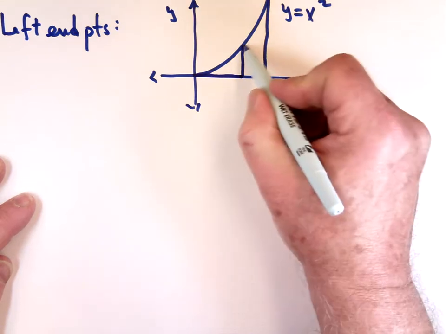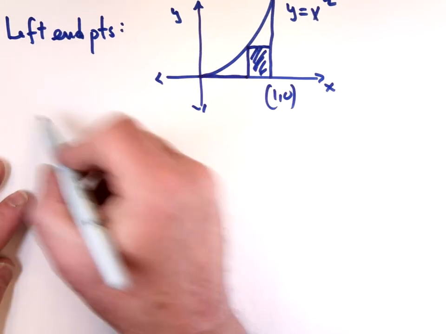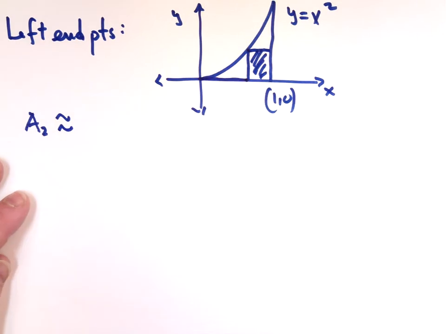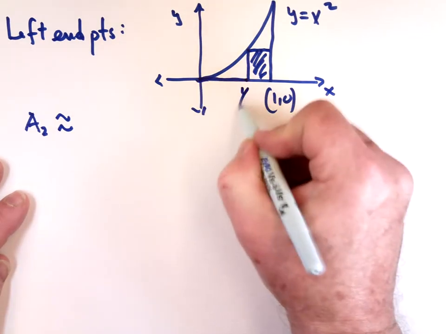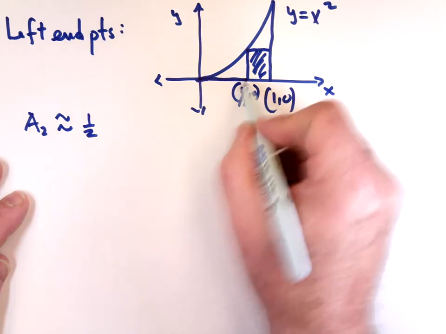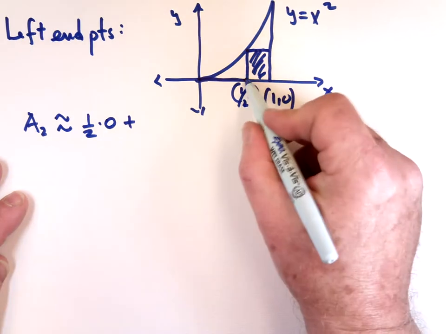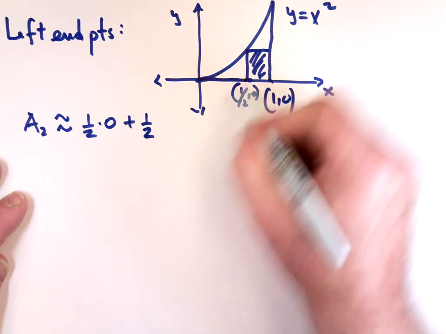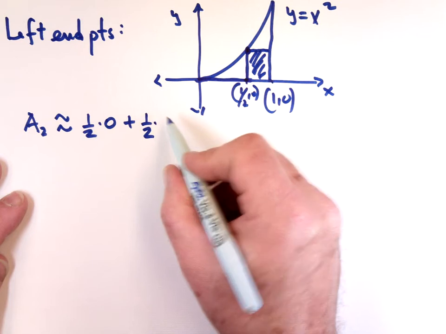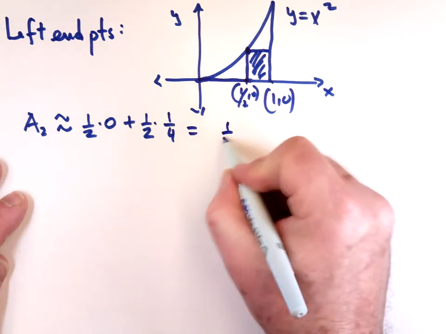So the area of these two left endpoint rectangles is approximately equal to this width of 1/2 times the first height of 0 plus second one, its width is 1/2, and this height, using the left endpoint, is equal to the value of the function at 1/2. We already know that's 1/4. So that's equal to 1/2 times 0 plus 1/4. That's equal to 1/8.